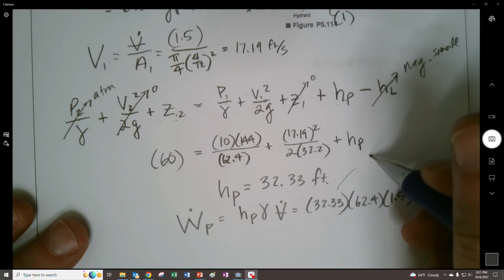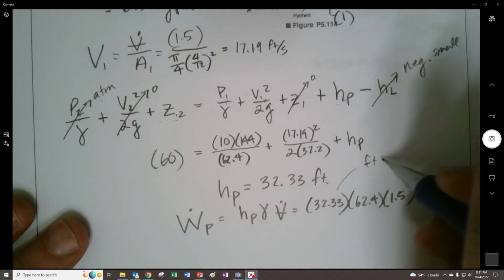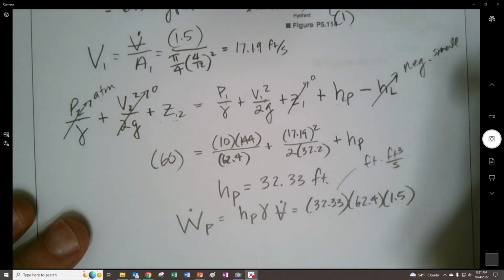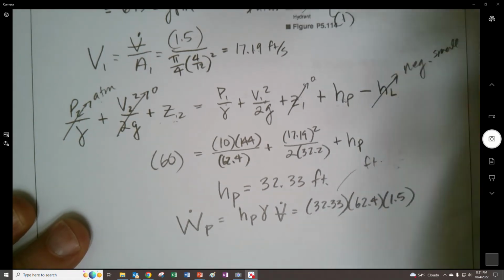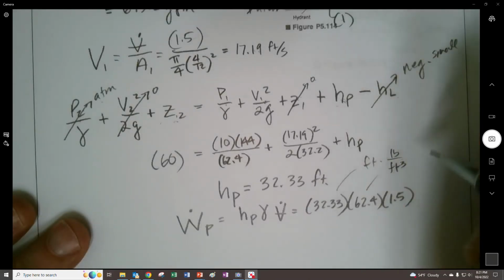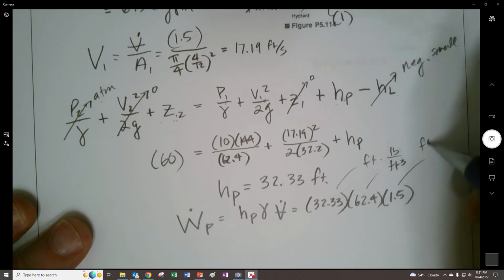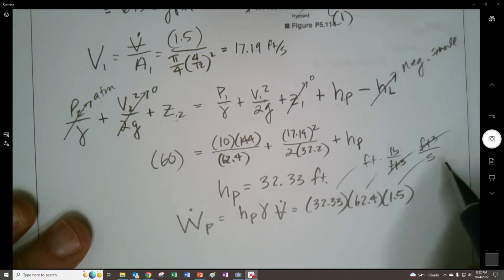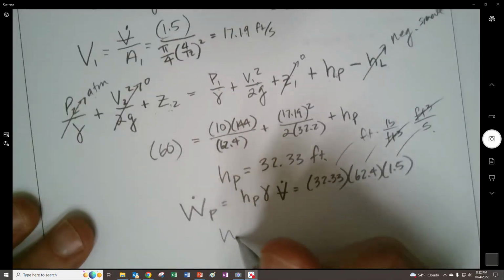We have feet times pounds per cubic foot, and this is going to be cubic feet per second. We can see those cancel out. We get a foot-pound per second. So here's our power.